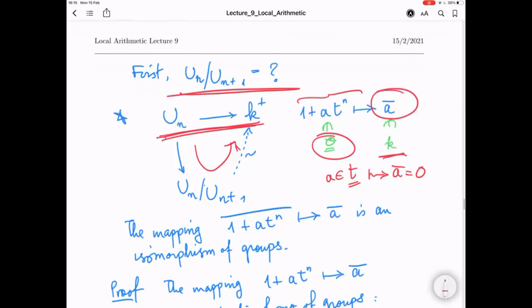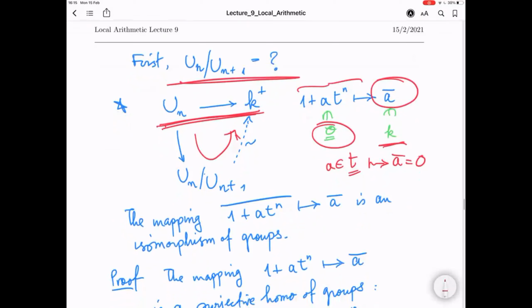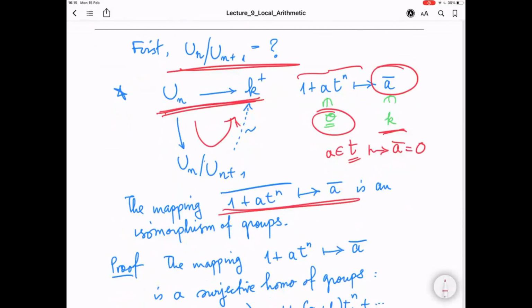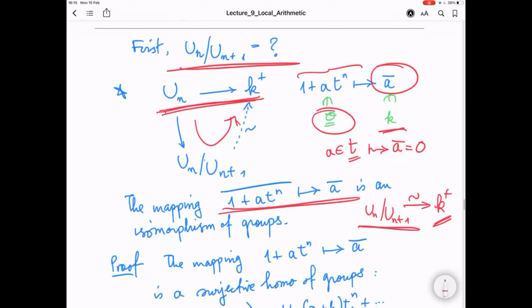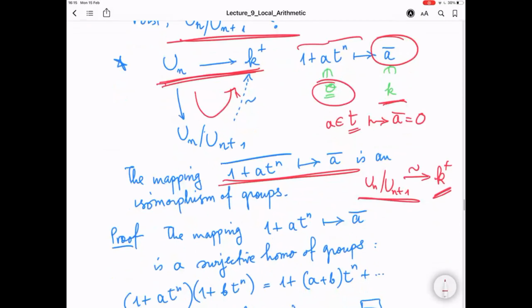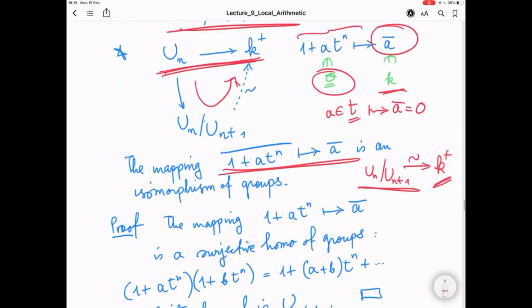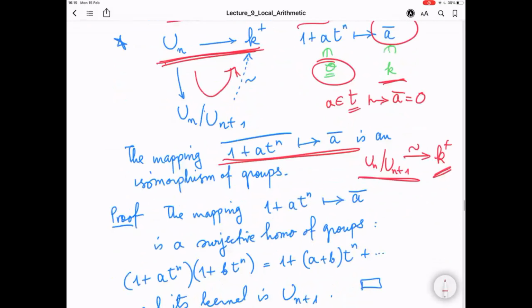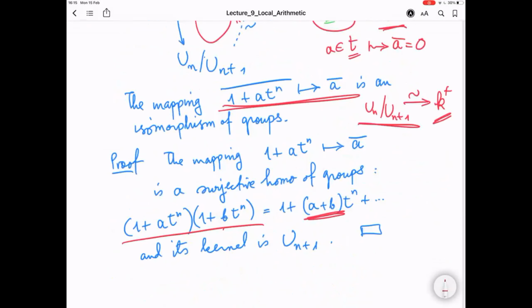And the claim is that this mapping is an isomorphism of groups. In other words, we are saying that this mapping gives you an isomorphism of this multiplicative group Un modulo Un+1 with this additive group. First of all, we have to check that it's a homomorphism. If I take two elements, their product gets converted into the sum of these two coefficients.